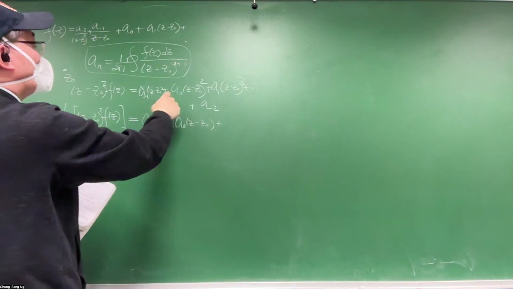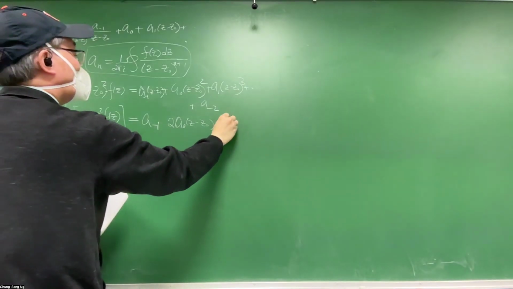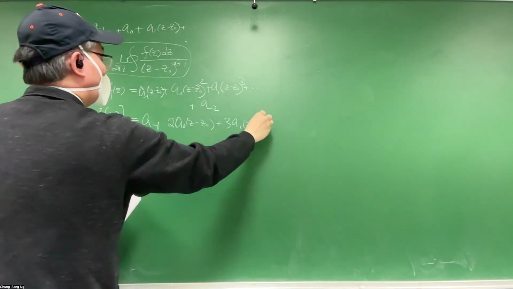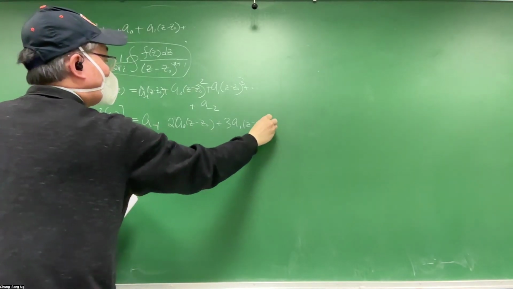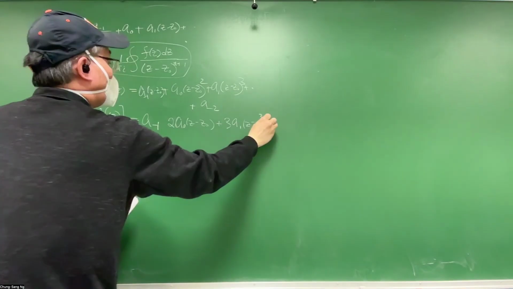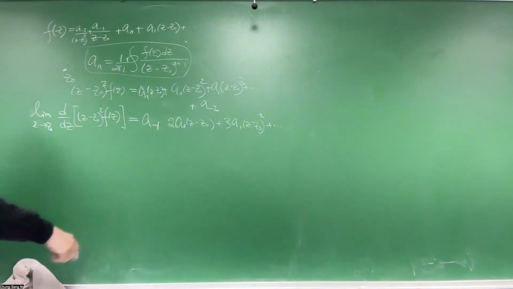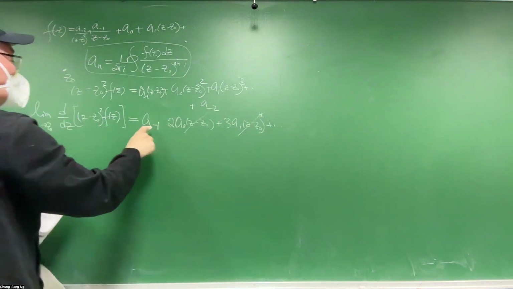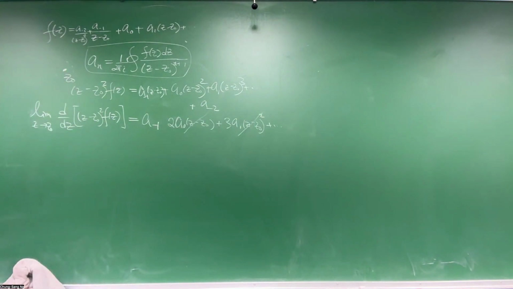Wait, yeah, 3, a sub 1, b sub 0, plus other terms, and get rid of this term already. Now you take the limit and you kill all these terms and get a minus 2.